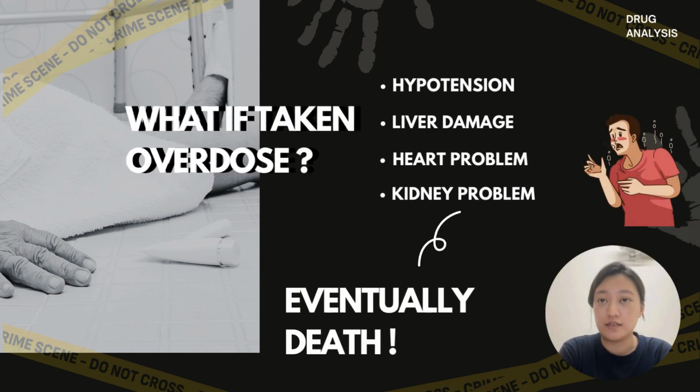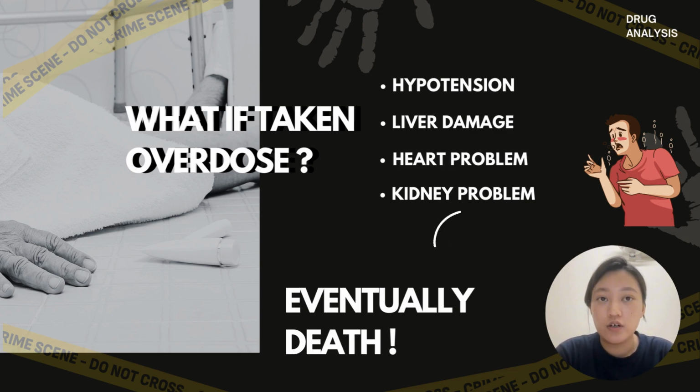Now I will present the negative impact of a perindopril overdose. An overdose of perindopril can have severe and potentially life-threatening consequences. The most common manifestation is hypotension, a condition characterized by abnormally low blood pressure that can lead to symptoms such as dizziness, fainting, and difficulty in breathing.